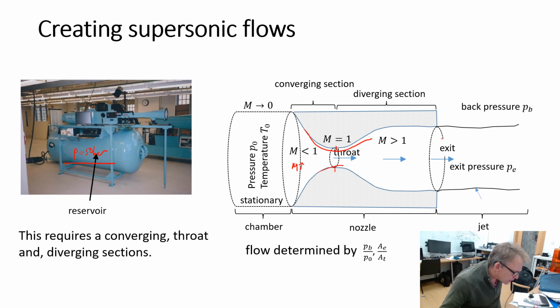This is an example of a case where we've got idealized conditions where the back pressure and the exit pressure are equal, which means that what we have is basically a slip surface here where the flow is moving and outside it's stationary, and there's no shocks or expansion fans.